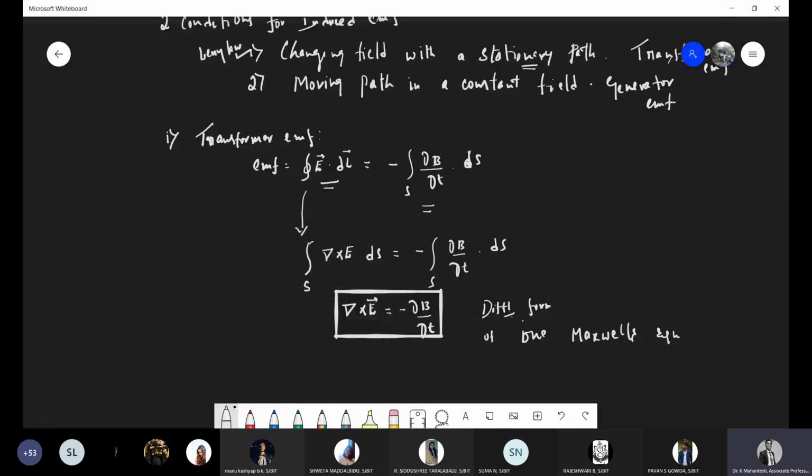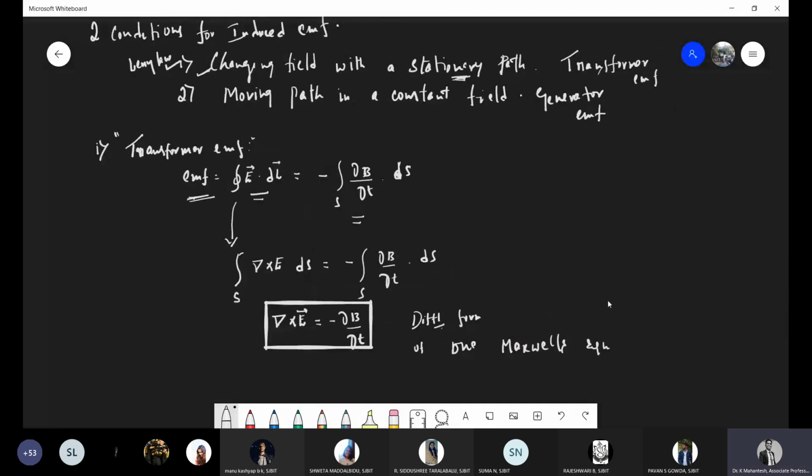So you have obtained this equation. I have considered this equation directly for the first case, where I have not moved the path; the path was stationary, and I call it transformer EMF. Now I will take the second instance.